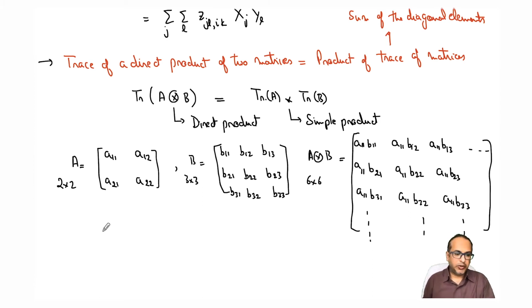So now if we want to calculate the trace of A direct product B, we will have to take all of these diagonal elements and make a summation.